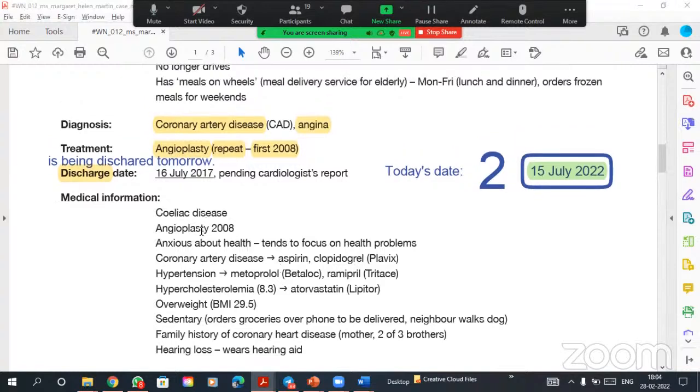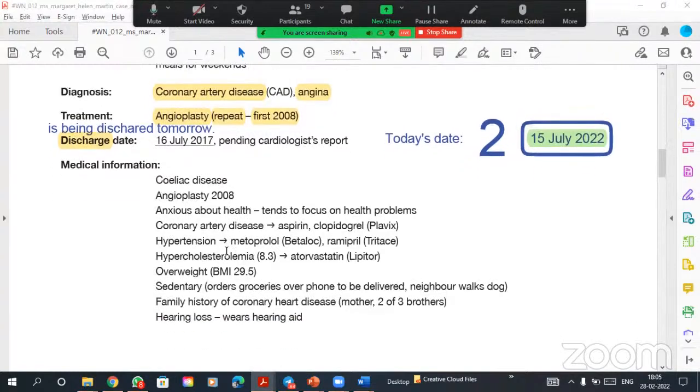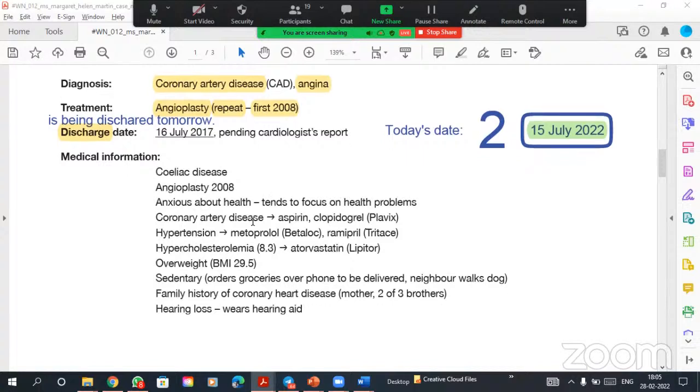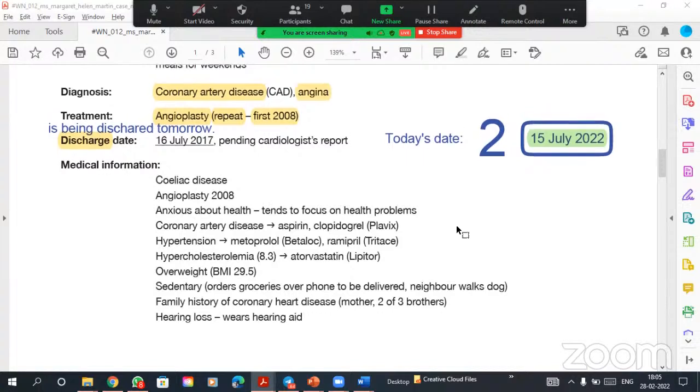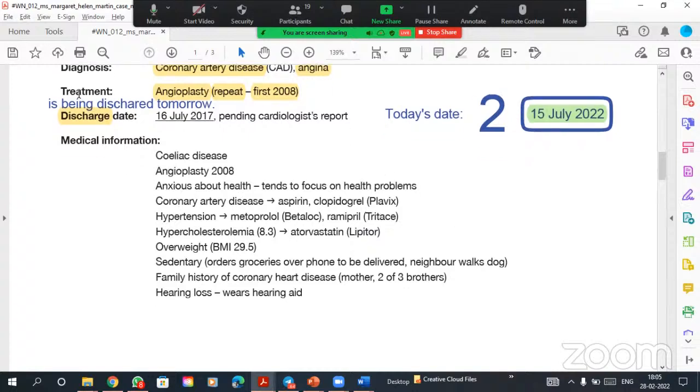Right. So here, what are the important problems you have to discuss? Write about the medical conditions. Paragraph number 2. Write about the medical conditions.